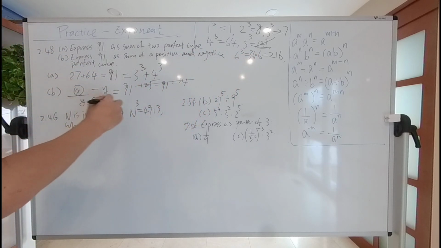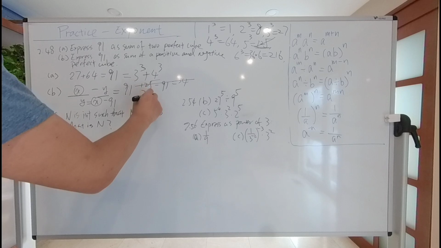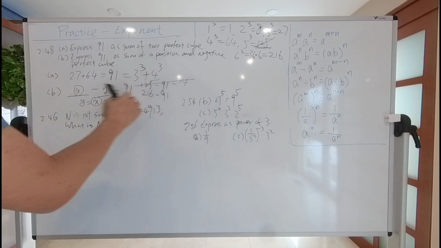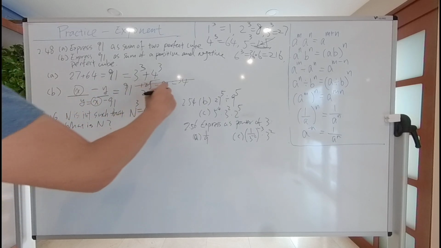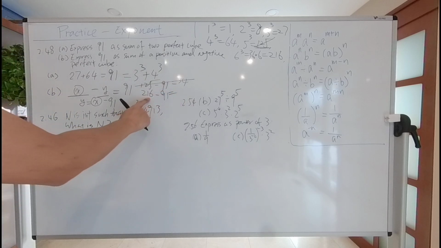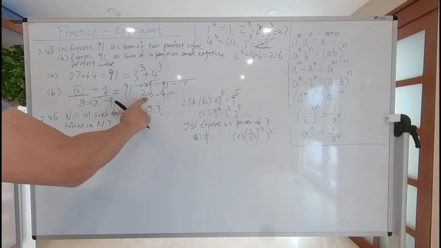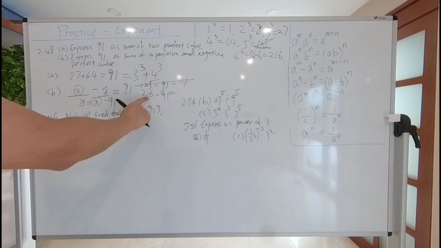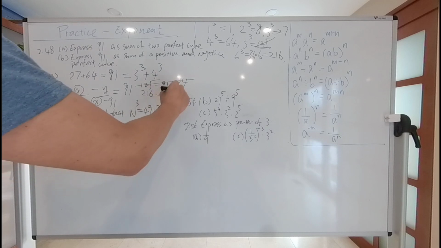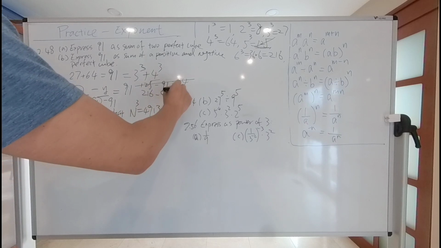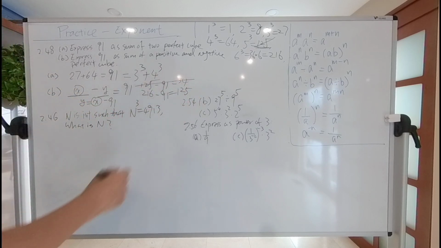What if the first number is 216? Then in order to make the difference equal to 91, the other number must be the difference between 216 and 91. Subtracting, it is 125.